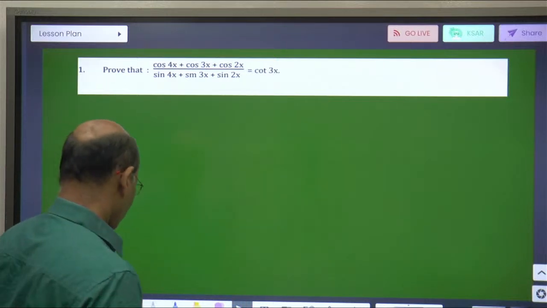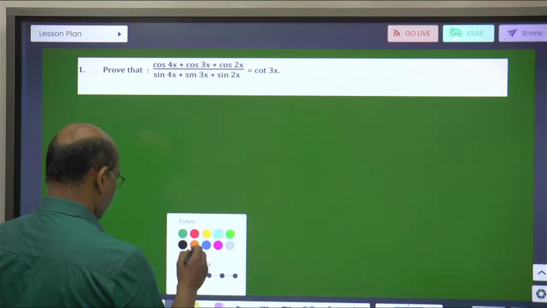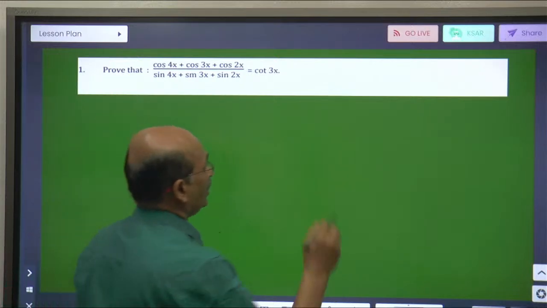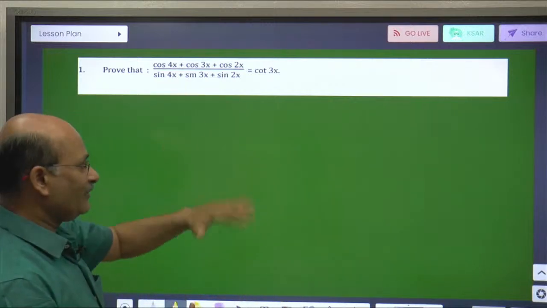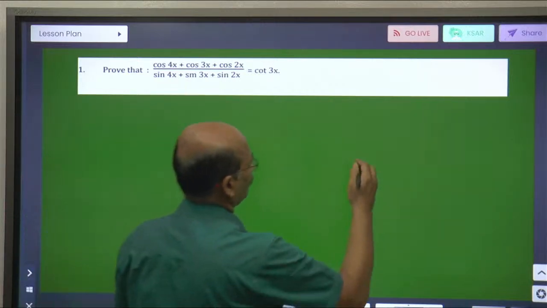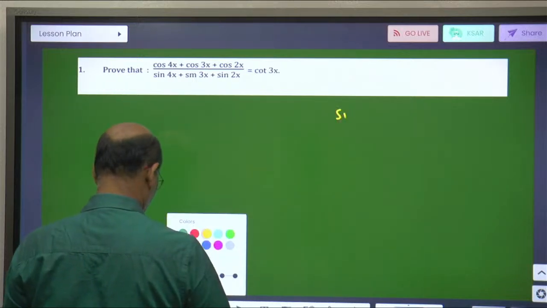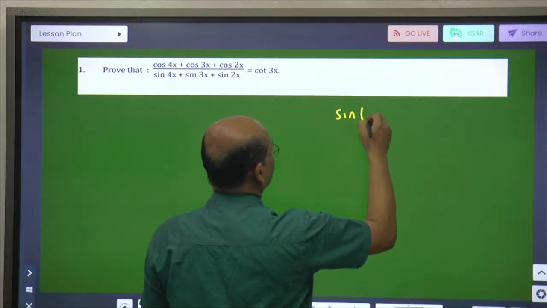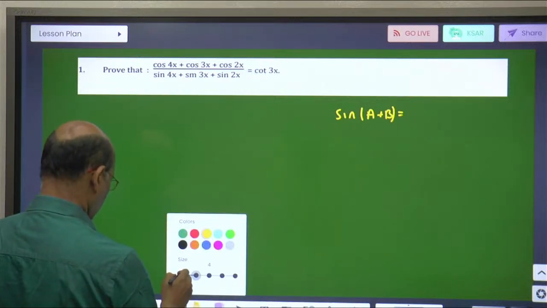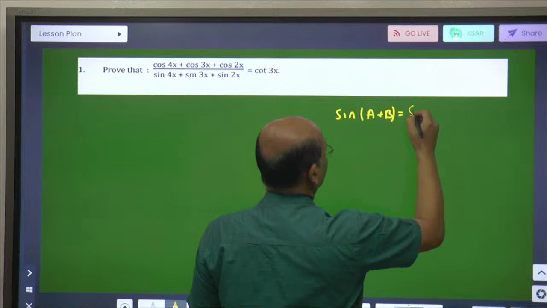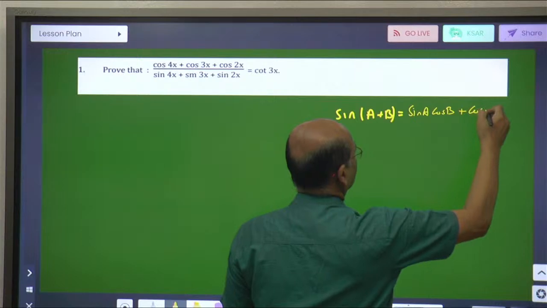Now I want you to understand and realize two things. First, I want to write the formulas for you. You will come to know exactly how I am applying them, and after that we might not revert to the formulas. Everybody knows that sin(a+b) is equal to sin a cos b plus cos a sin b.